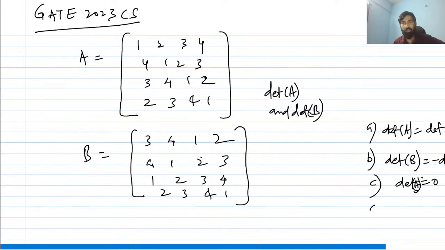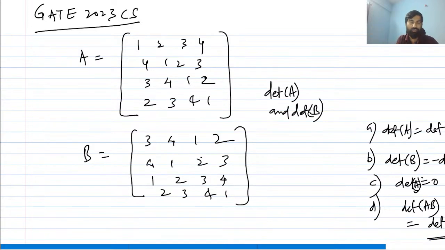And D, det AB, the product, equal to det A plus det B. So which option is going to be correct? Which option is correct, guys? Tell me. Anybody can try this question.